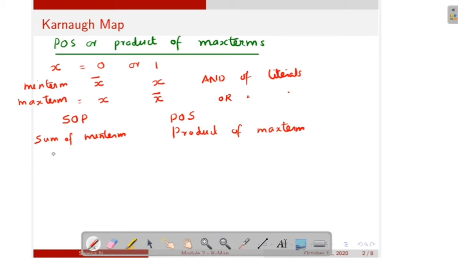Suppose we are given a truth table. From the truth table we take the min terms whose output is equal to 1, then take the OR of the min terms. It is the Boolean function. In the case of max terms, we take the max terms which have value equal to 0 in the function, then AND of these values.